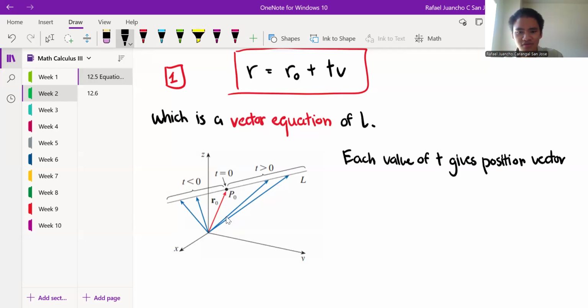So it gives a position vector r of a particular point on line L.